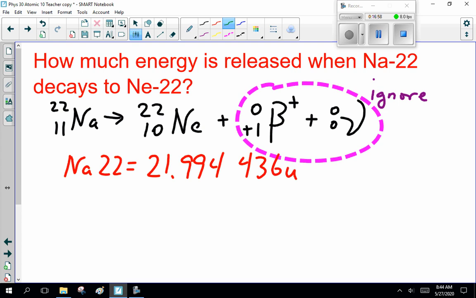If not, look at page 881 of your textbook or Google it. If you do end up Googling these numbers, note the last digit or two might change depending on who's done the most recent calculations. Because sometimes, particularly for the more radioactive ones, they have a very short lifespan. It can be a little bit difficult to measure, but that's life.